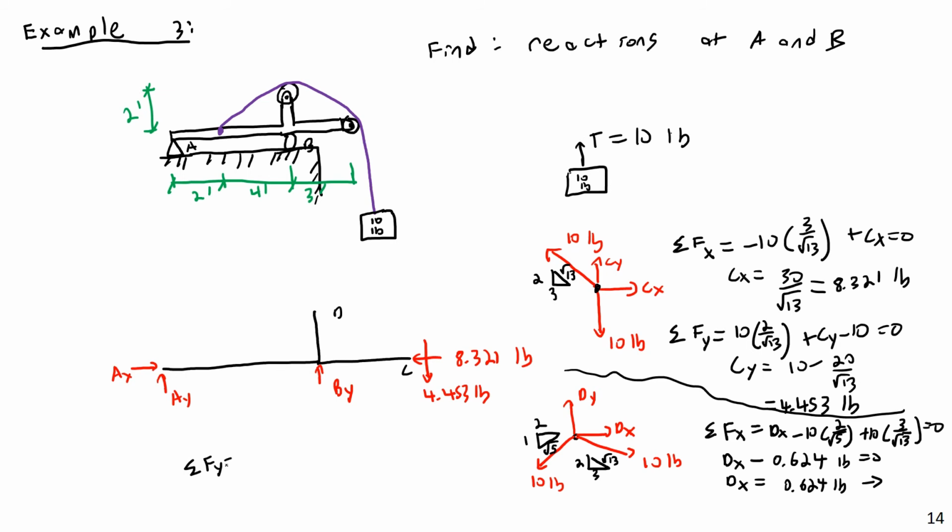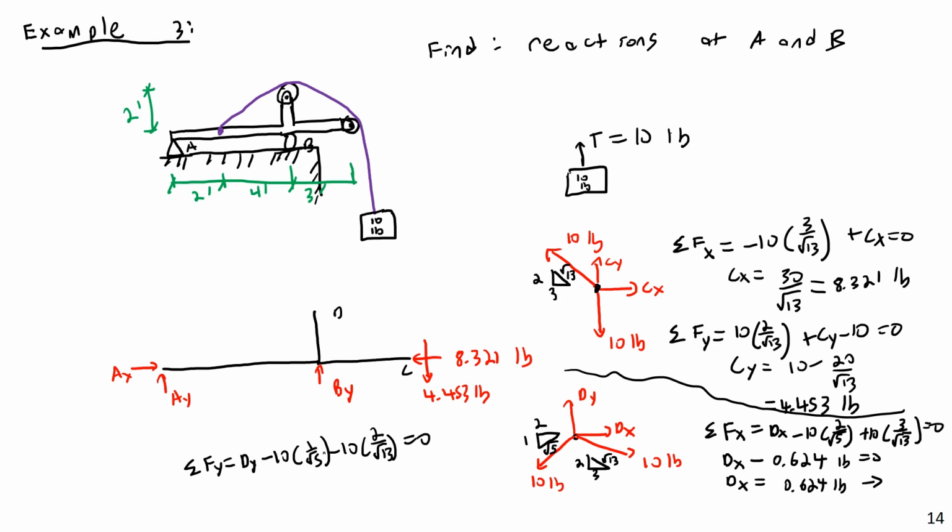Summation of forces in the y. I'm going to have dy, and then, let's say, minus 10 times 1 over root 5, minus 10 times 2 over root 13, equals 0.